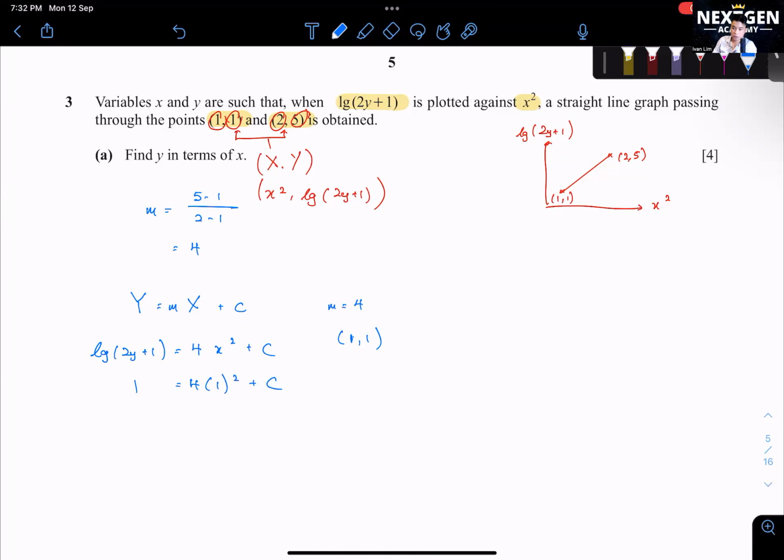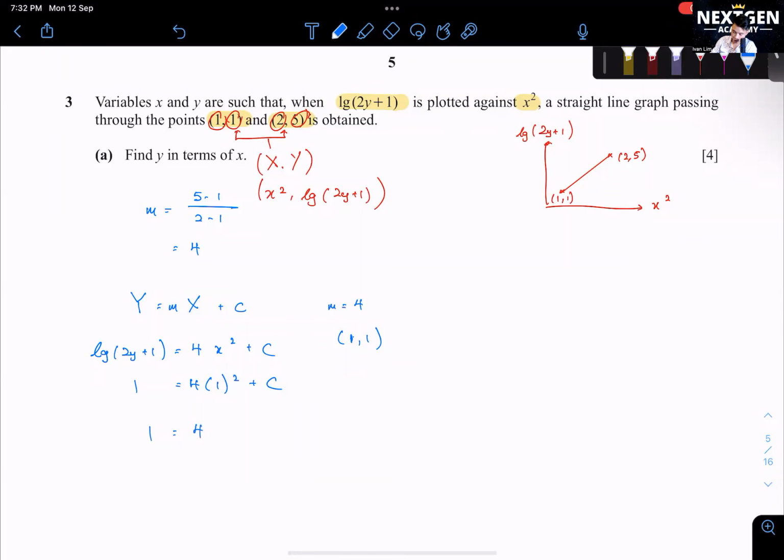Don't go and sub it into individual values, because this is where students often make the mistake. They treat these as x and y, but this is not x and y. This is x squared, this is lg(2y + 1). Go and find the c value.